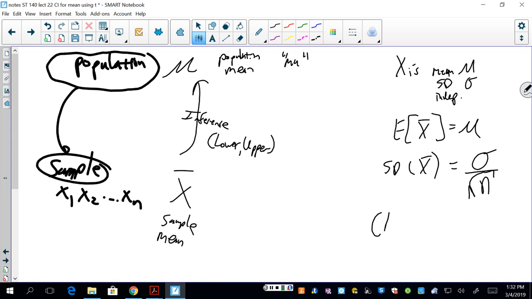And by the central limit theorem, x bar is approximately normally distributed. So if we calculate probabilities related to x bar with a normal curve, a bell-shaped curve, z-score, the probability should be pretty accurate, even if the distribution of the x's themselves is highly non-normal.